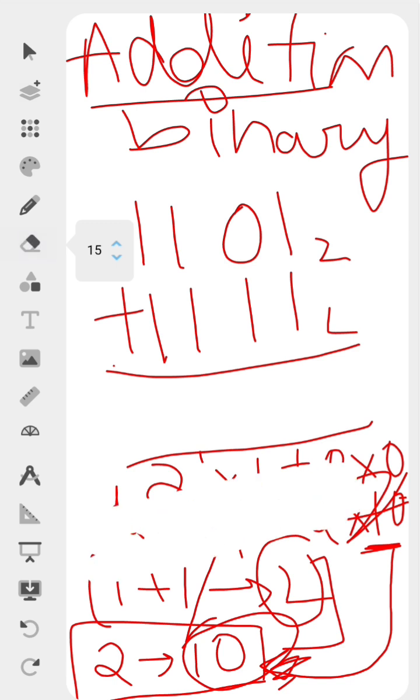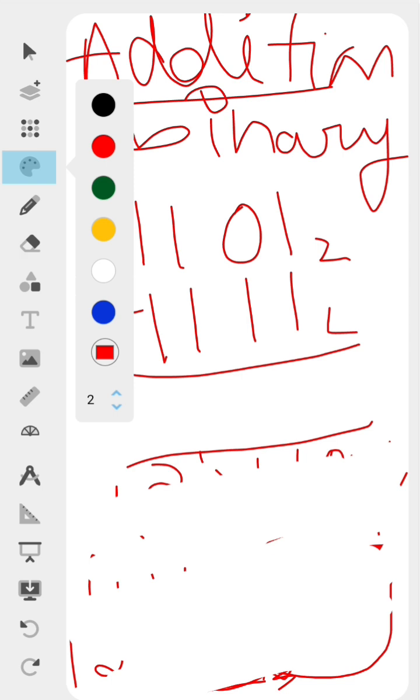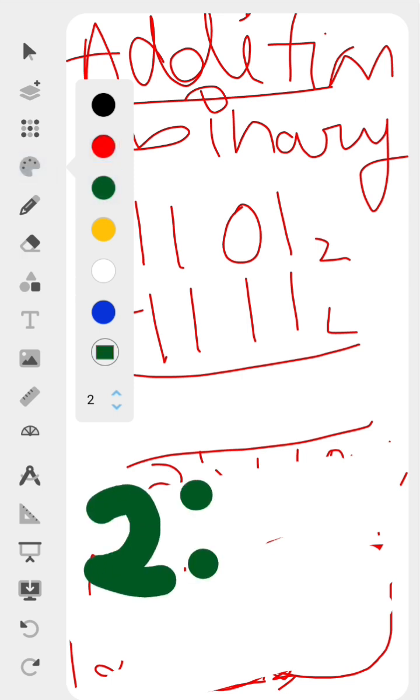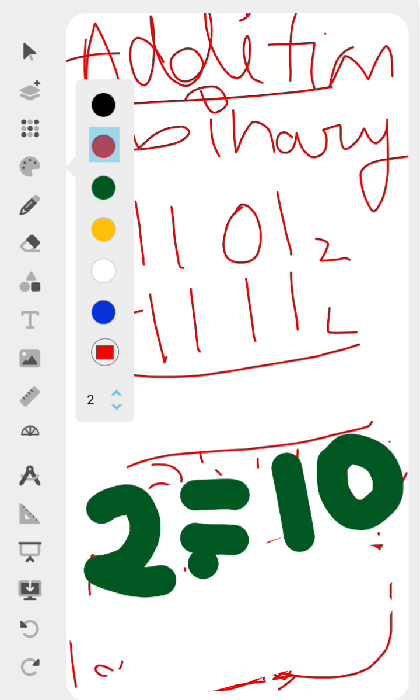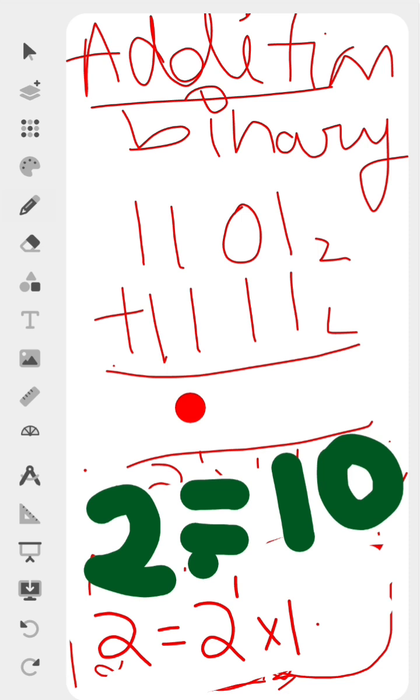I'll repeat it. How is 2 equal to 10? Because 2 can be written as 2 to the power 1 into 1 plus 2 to the power 0 into 0.